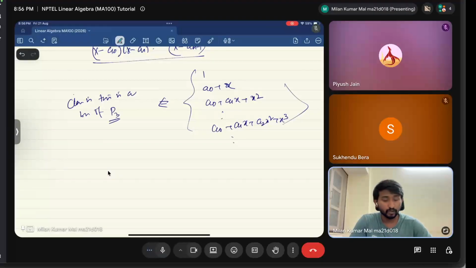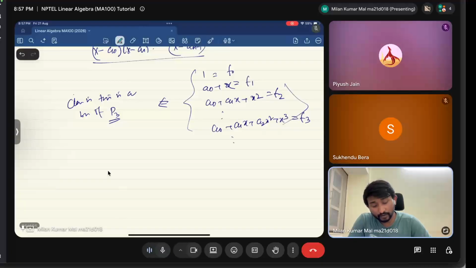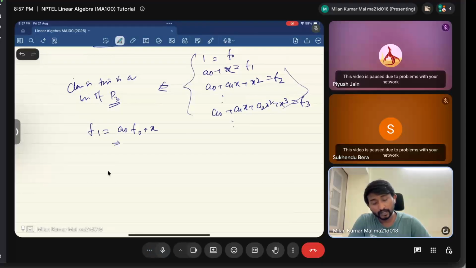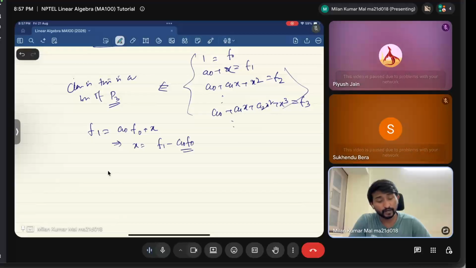How can one prove it? First of all, look carefully. Consider this as f naught, this is f1, this is f2, this is f3. Then what can we write? f1 can be written as a naught f naught plus x. That means x is equal to f1 minus a naught f naught, right?